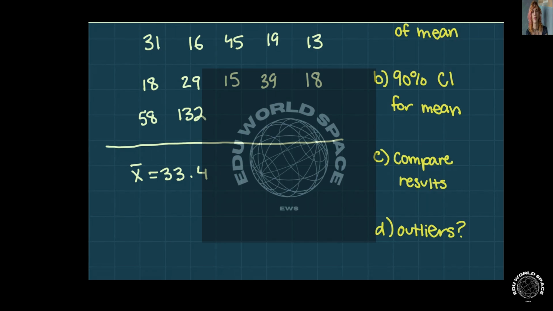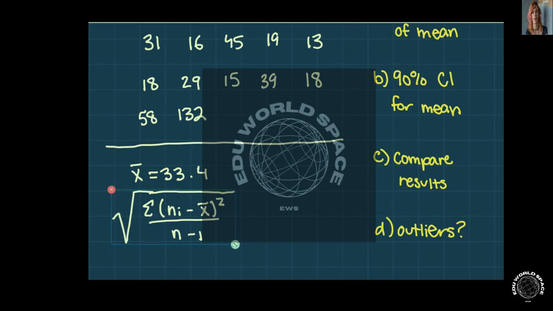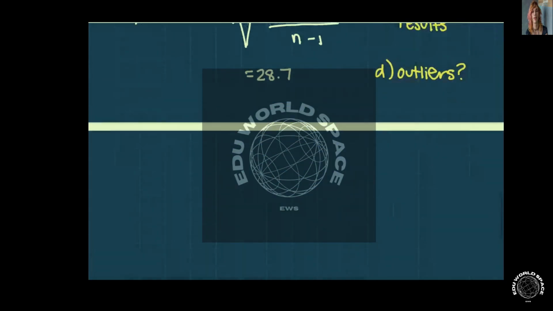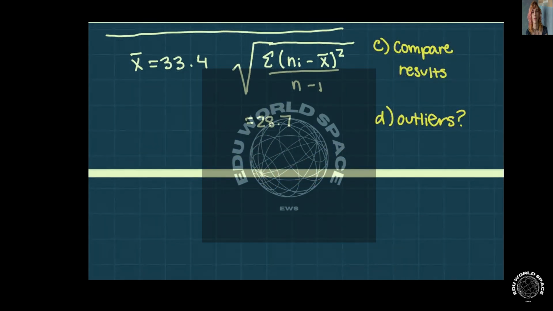The next thing I'm going to do is calculate the standard deviation by using this formula right here. And you should get 28.7. So we have our mean, we have our standard deviation.